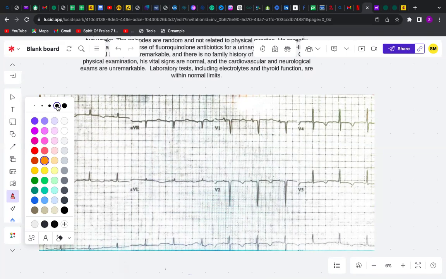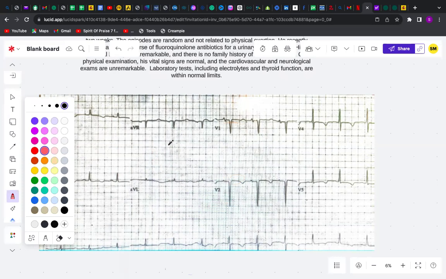Look at this ECG carefully, because it's a bit tricky. You need to look at it very carefully. Look at the intervals, the QRS complexes, and the ST segments as well.